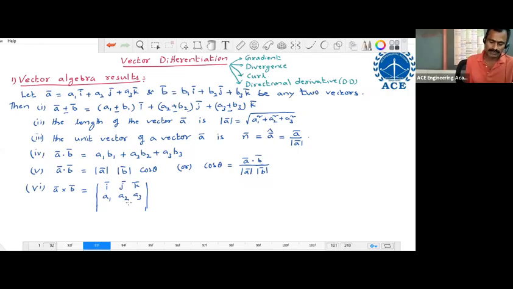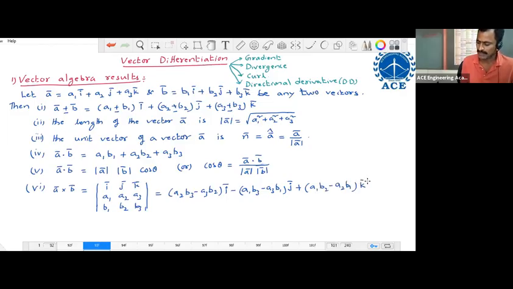Along the last row, from B bar without I, J, K: B1, B2, B3. And if we expand along the first row: I bar into (A2 B3 minus A3 B2), minus J bar into (A1 B3 minus A3 B1), plus K bar into (A1 B2 minus A2 B1).